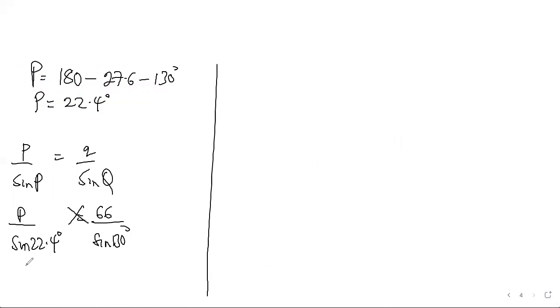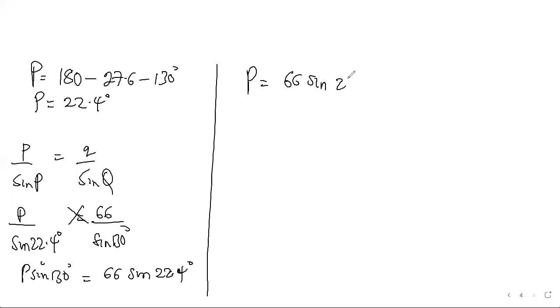If I cross multiply, P sine 130 degrees will be equal to 66 sine 22.4 degrees. So P will be 66 sine 22.4 degrees divided by sine 130 degrees.